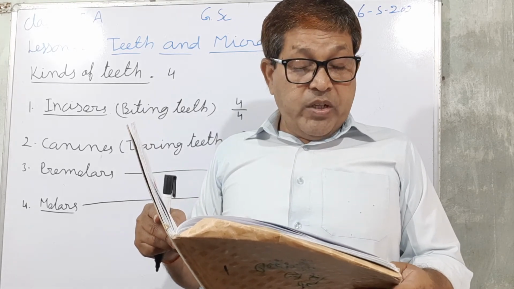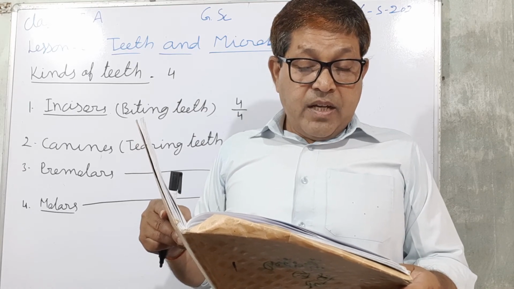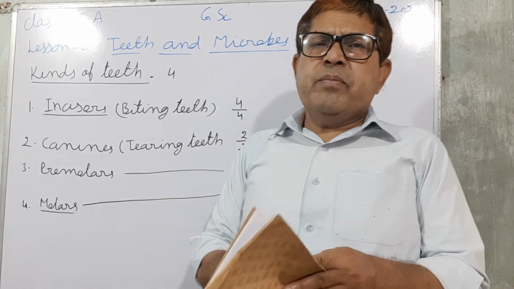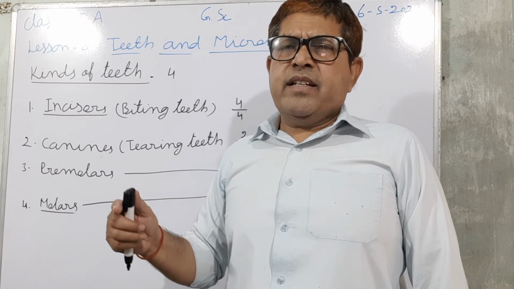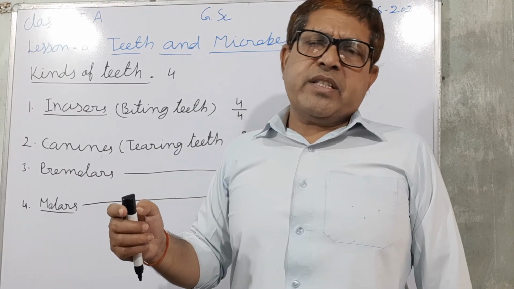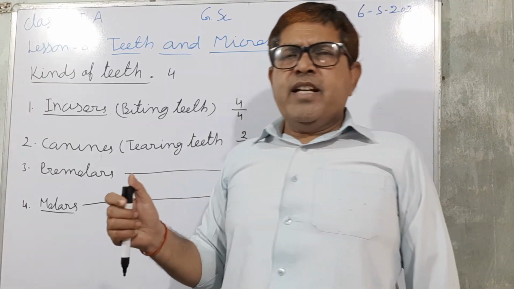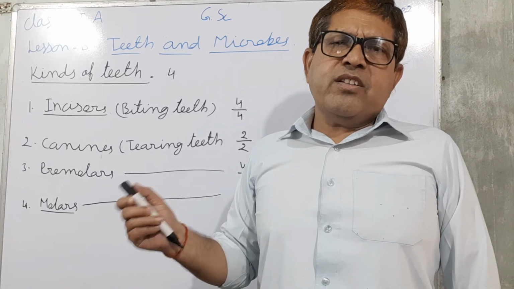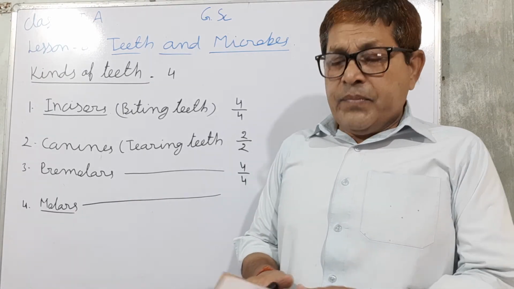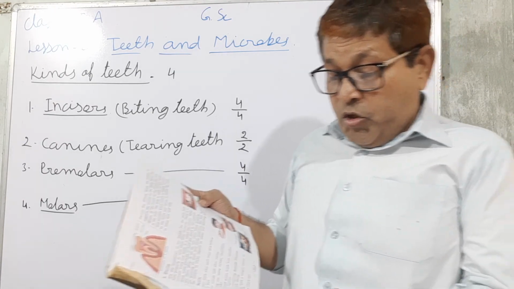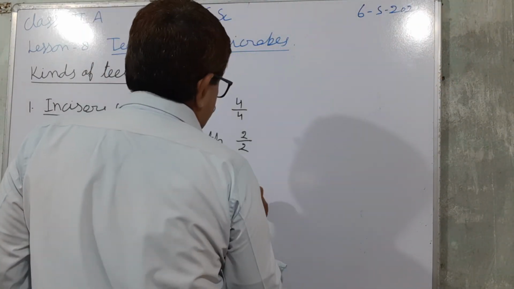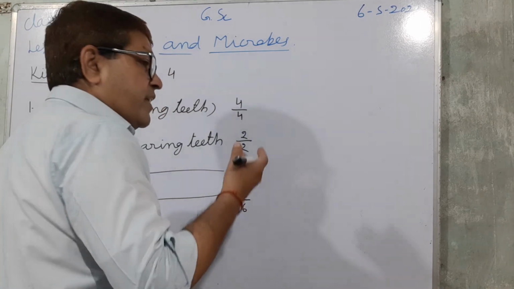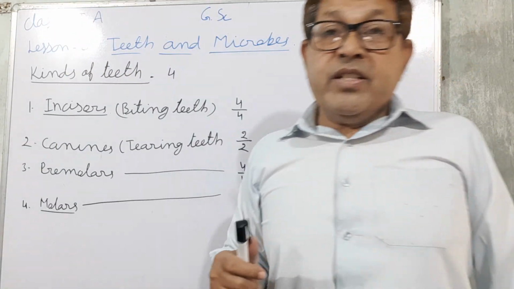The two end molars on both sides are also known as wisdom teeth. Wisdom teeth come nearly at the age of the 40s. As the name indicates wisdom, it has no relation to wisdom, but it causes some problems only. So it is 12 in number, 6 in the upper jaw and 6 in the lower jaw, 3 on this side and 3 on this side.